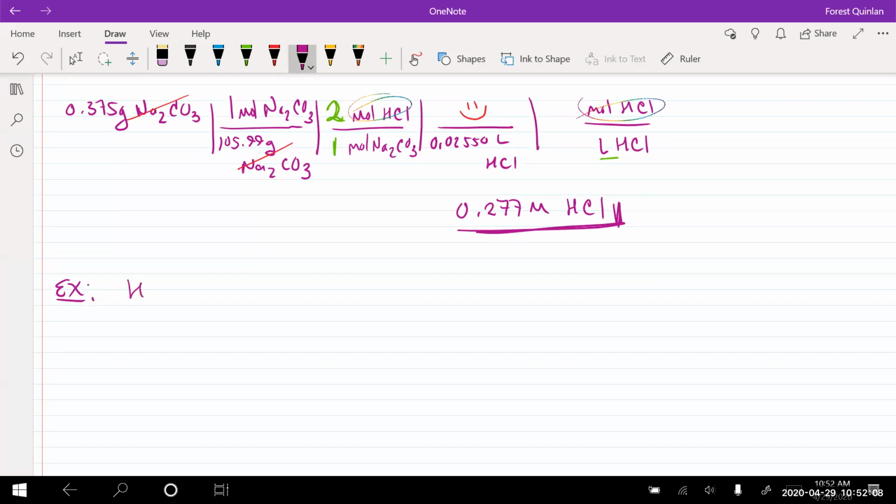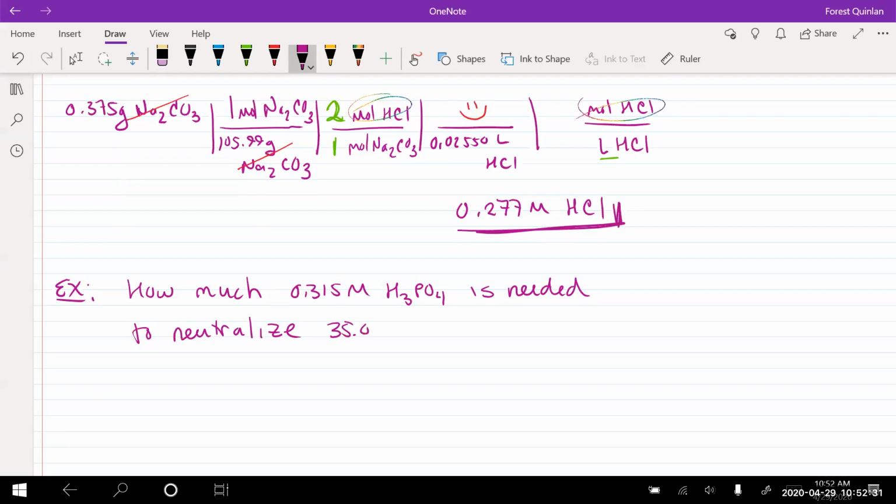How much 0.315 molar phosphoric acid is needed to neutralize 35.00 milliliters of 0.212 molar calcium hydroxide?